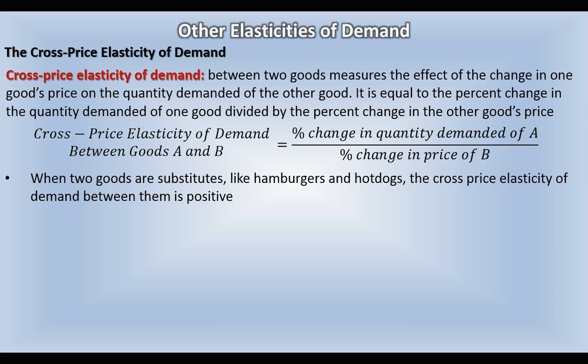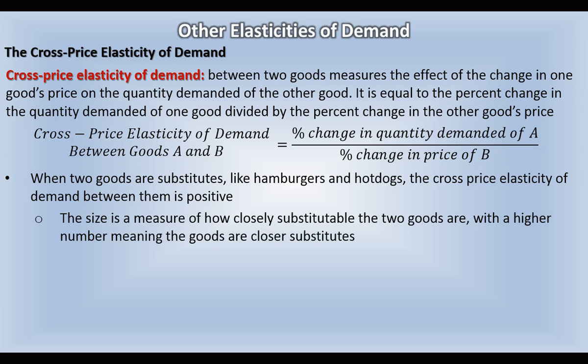If they're complements, the price change of one will lead to a quantity demanded decrease in the other. So if you raise the price of peanut butter, people will buy less jelly. So the cross-price elasticity of demand for complements will be negative, and therefore the sign, whether it's positive or negative, of the cross-price elasticity of demand matters. And then how big the number is tells us how closely related the goods are.